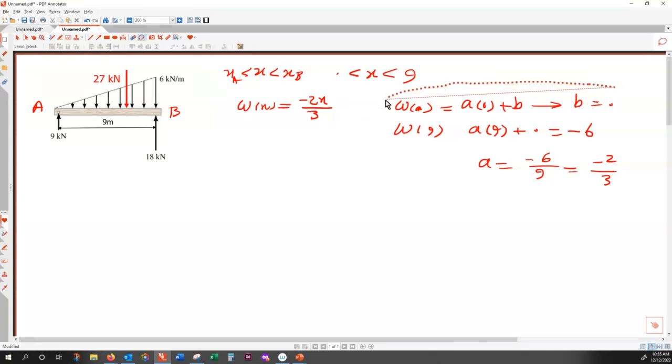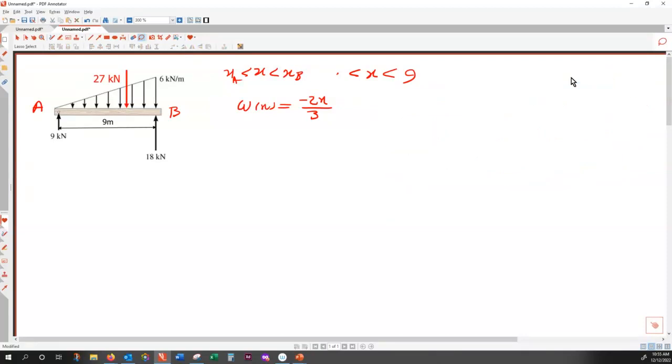So anything else I'm going to erase, just make some room. Okay, now the challenge was to find W of X. The next should be simple, because I know that dV is equal to W of X dx.